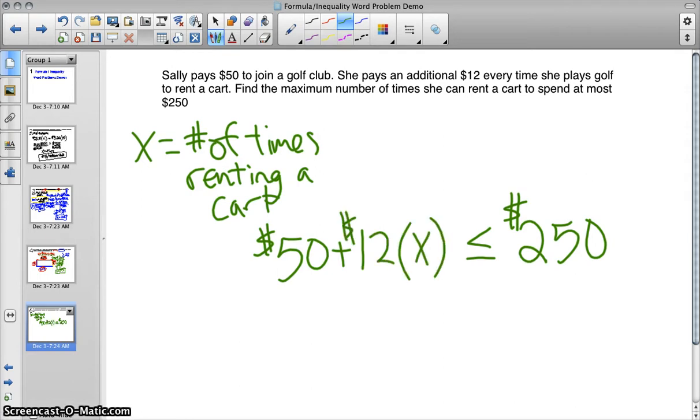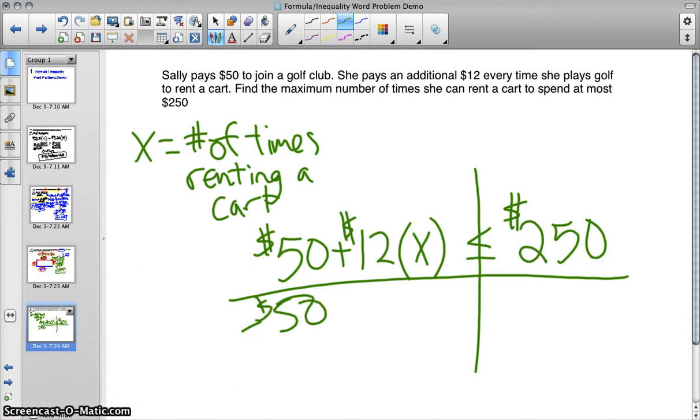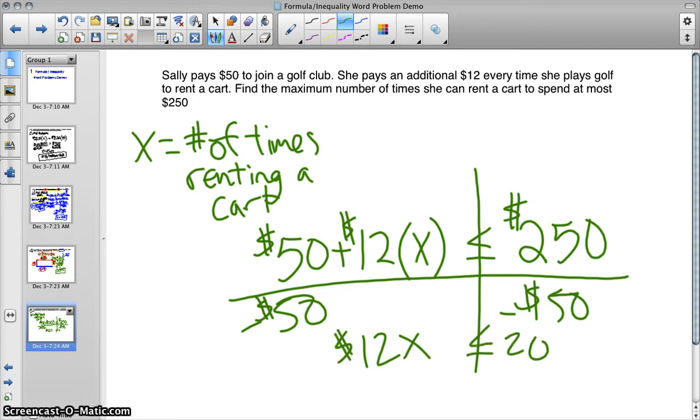There's $12, and x is the number of times renting a cart. Subtract 50. So we need to put 12x is less than or equal to 200 dollars.